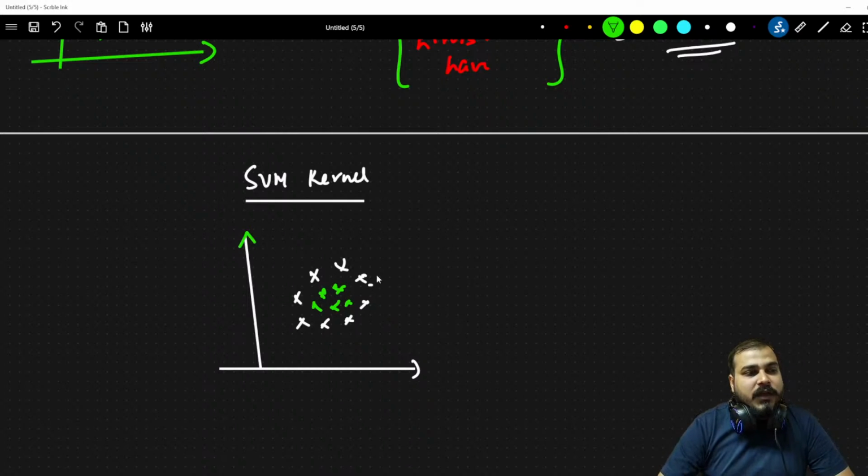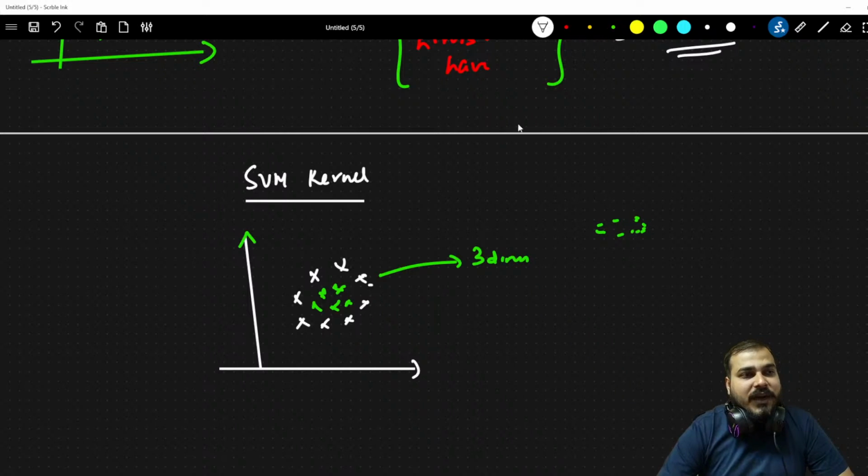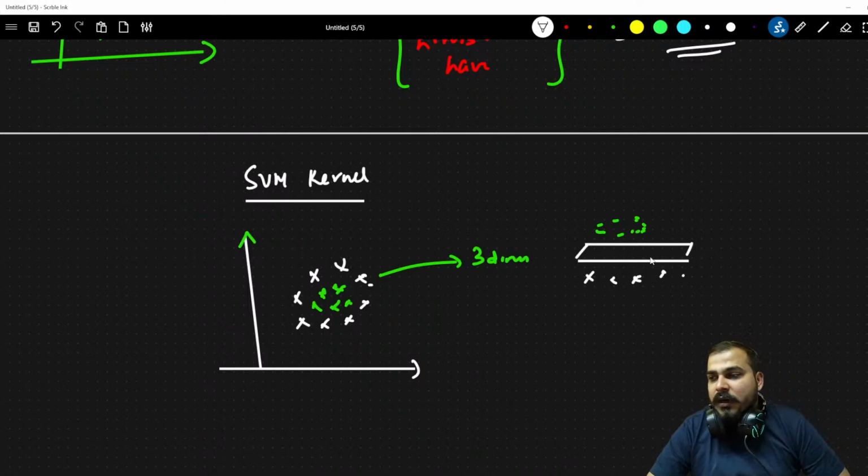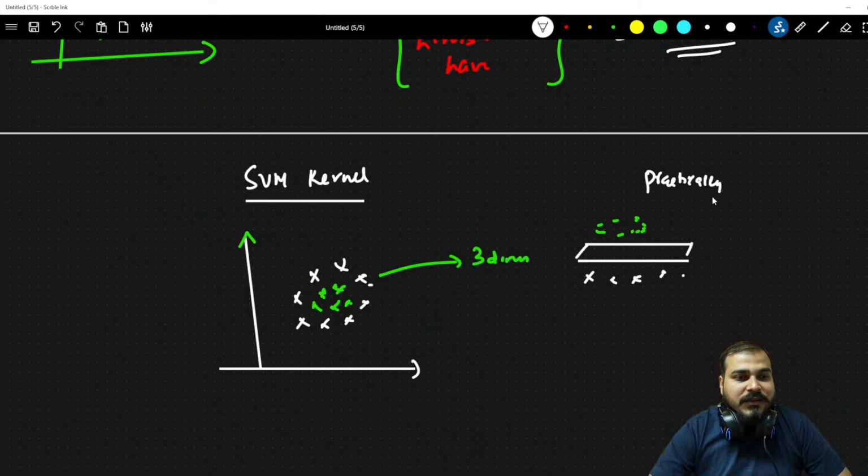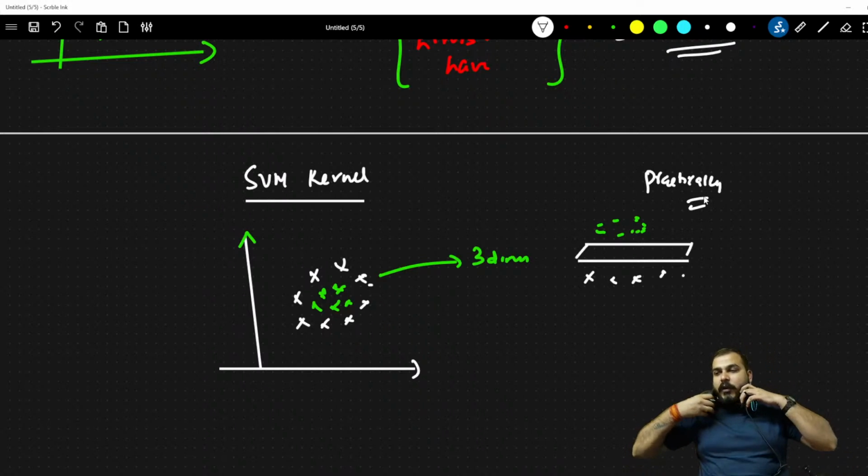So what we do, we convert this 2 dimension into 3 dimensions, and then we push our points like this. One point will go up, and the white point will go down, and then we can basically use a plane to split it. I have uploaded a video around that, and you can definitely have a look at it, and I have also shown you practically how to do it. That is the reason I have created that specific video.